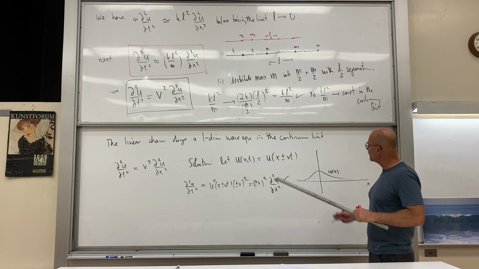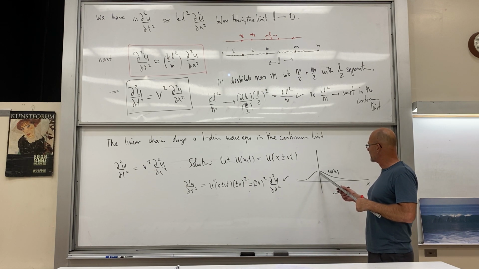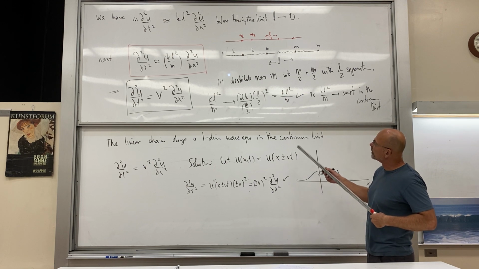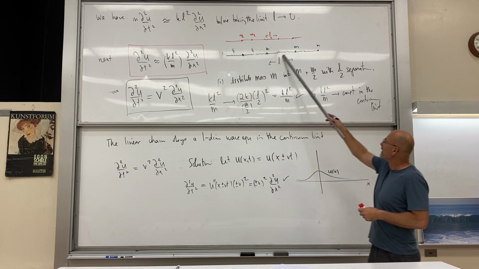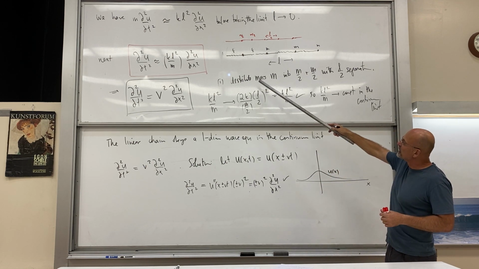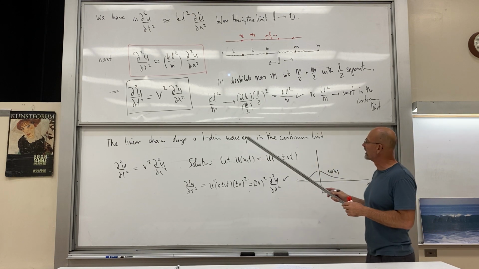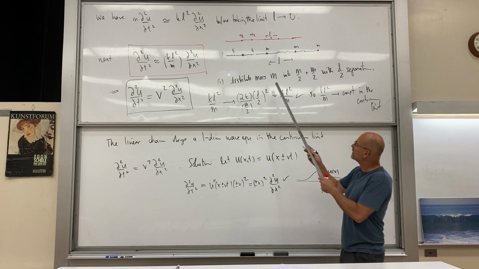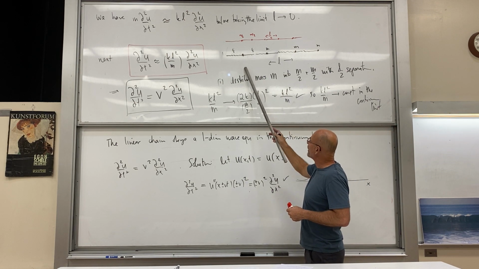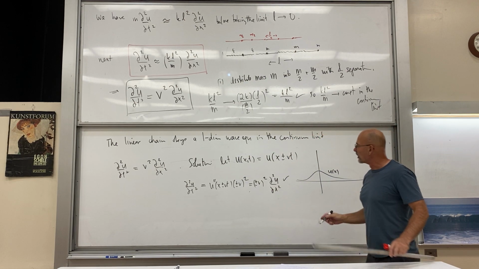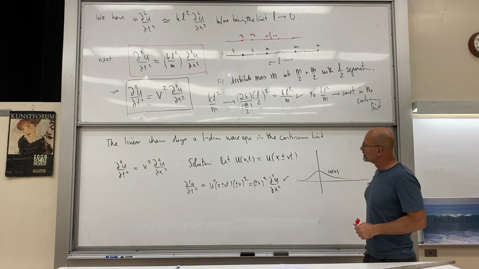Now it's a pulse of the displacement u, which is along the line. By the way, a very similar derivation, starting with the same differential equations, can actually be done for pulses that are transverse. So our example is a longitudinal wave.